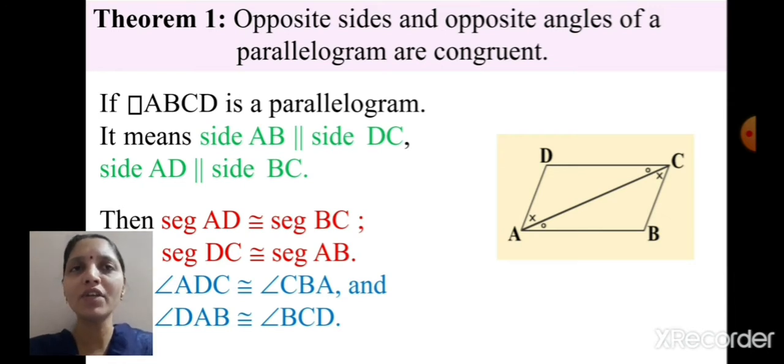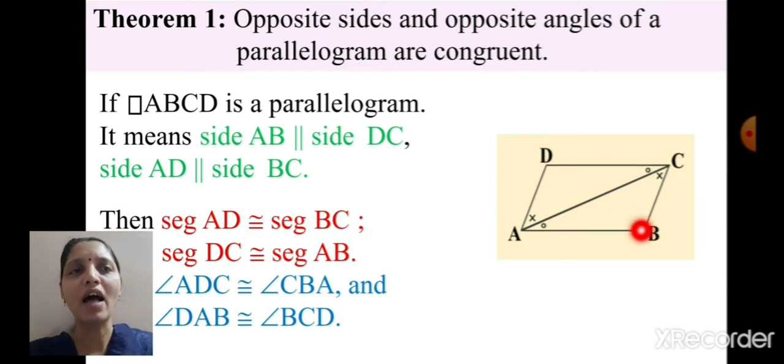Now what is the meaning of this? So if quadrilateral ABCD is a parallelogram, it means that side AB is parallel to side DC, side AD is parallel to side BC. It is given to us. Then what we have to prove? We have to prove that seg AD is congruent to seg BC, seg DC is congruent to seg AB, and angle ADC is congruent to angle CBA.